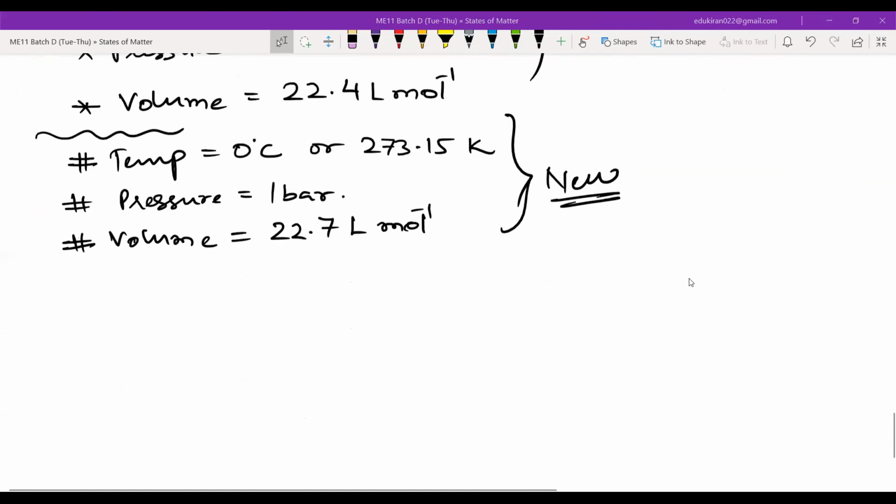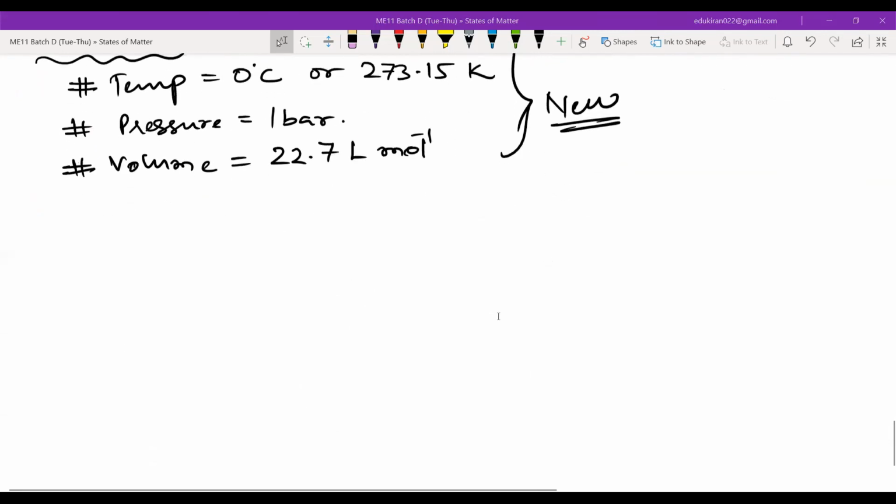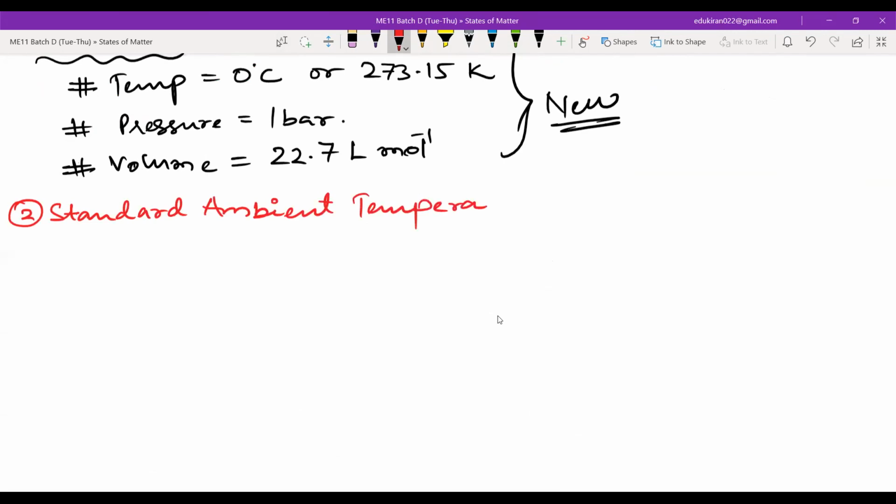There's another standard which is known as standard ambient temperature and pressure. Ambient means at the room temperature. What is the room temperature, guys?